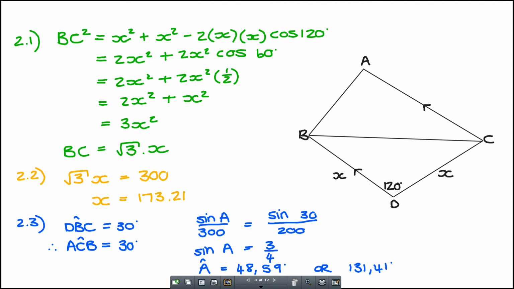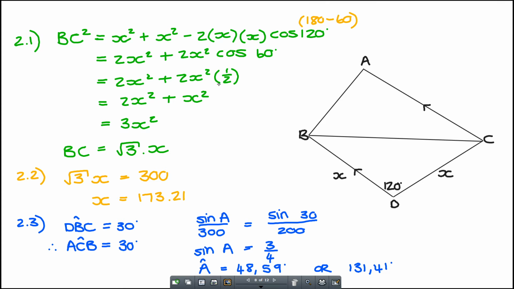And now, have a look. The cos 120. Isn't that the same as 180 minus 60? No? Okay, and that's how I could say that would be cos 60. Julle reg? Goed, now, okay, cos 60 is also the same as a half.